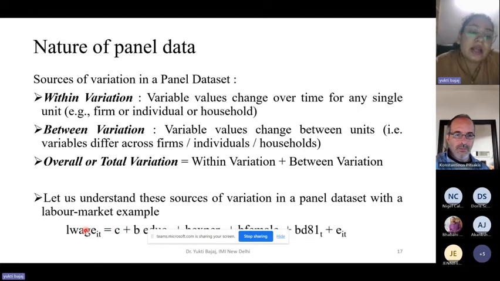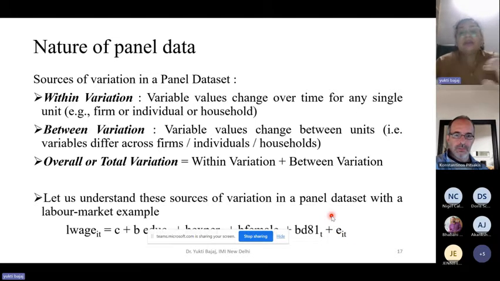The labor wages depend on the education of that labor, the experience of that labor, certain other factors, and one important term here is e_it, the error term. There are certain variables which are not measurable that sit in this error term.